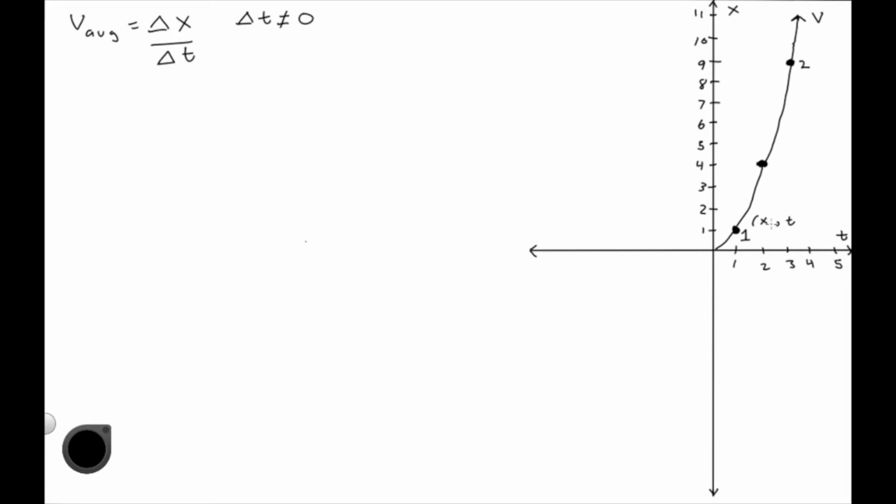The x coordinate we'll call x sub 1, and the t coordinate we'll call t sub 1. Likewise, for point 2, we'll call its x coordinate x sub 2, and its t coordinate t sub 2.